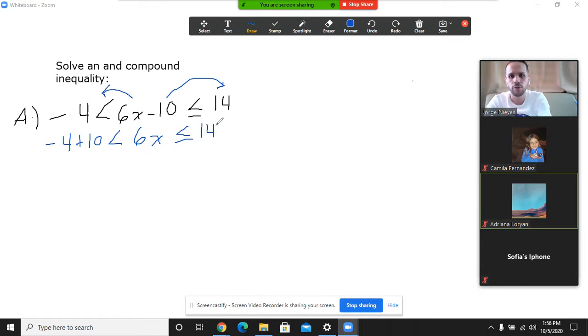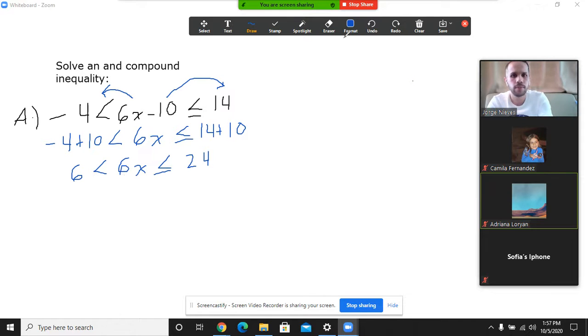So you're going to add 10 to both sides. In this side, it's going to be 6 less than 6x less than or equal to 24. So you can see that we can divide by 6, or we can solve for x.